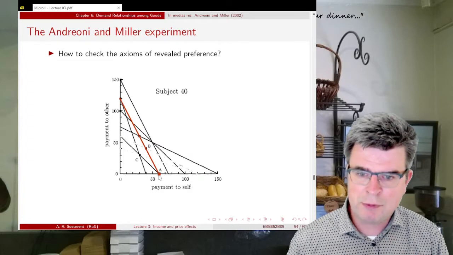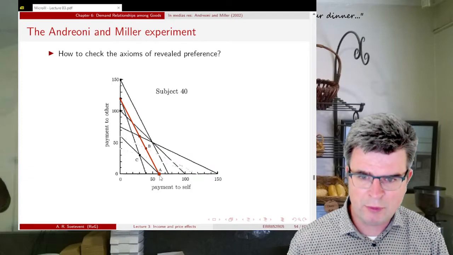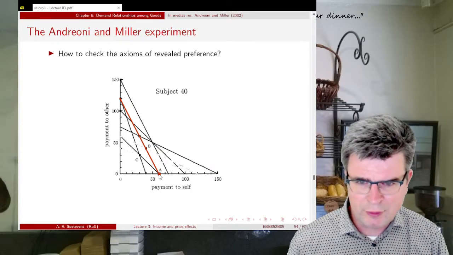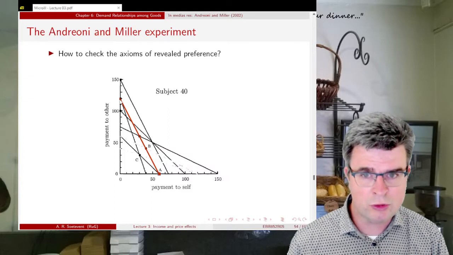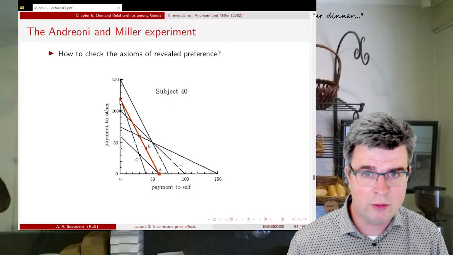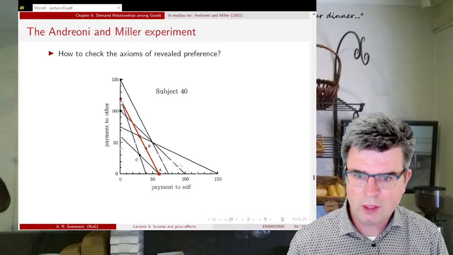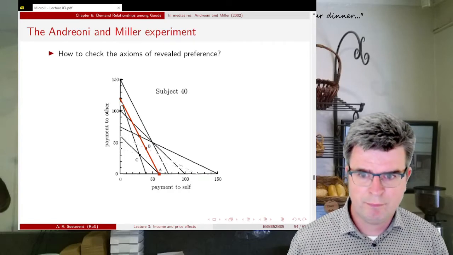If he keeps all tokens to himself, then he will end up with a payment equal to, I think, 60. If he would give away all the tokens to the other person, then this receiver would end up with 120 in terms of actual money. So giving here is relatively cheap.